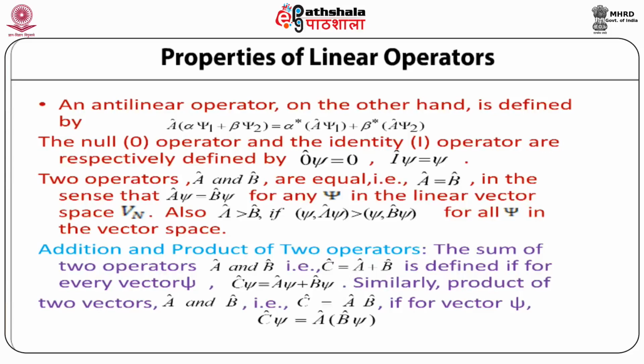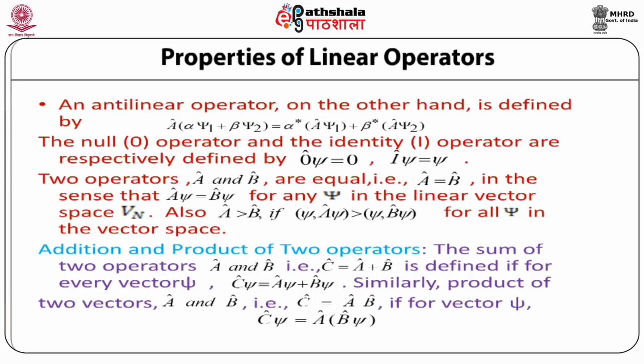Now, the two operators, operator A and operator B, are said to be equal, that is, operator A is equal to operator B, in the sense that operator A acting on psi is equal to operator B acting on psi, where psi is any linear vector in the linear vector space Vn.